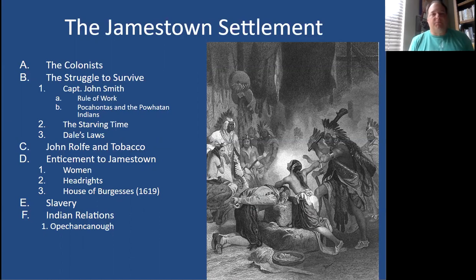I can't really talk intelligently about tobacco flavors, but John Rolfe apparently came up with a winning formula that was popular all over England and all over Europe. So Jamestown finally, after 1612, had something that could make the company money. It had been a losing prospect since 1607. But 1612, they finally have something that can make them money.